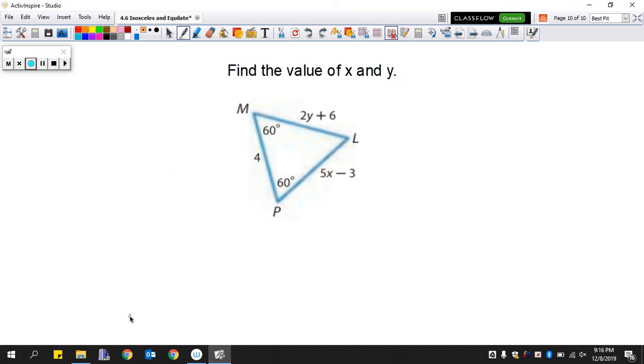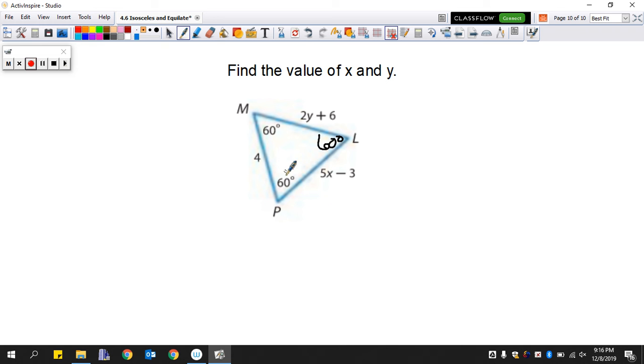All right, and the last problem that we're going to do in this lesson, we know that we have two angle measures that are 60, so the third one also has to be 60 degrees. So this is an equilateral or an equiangular triangle.